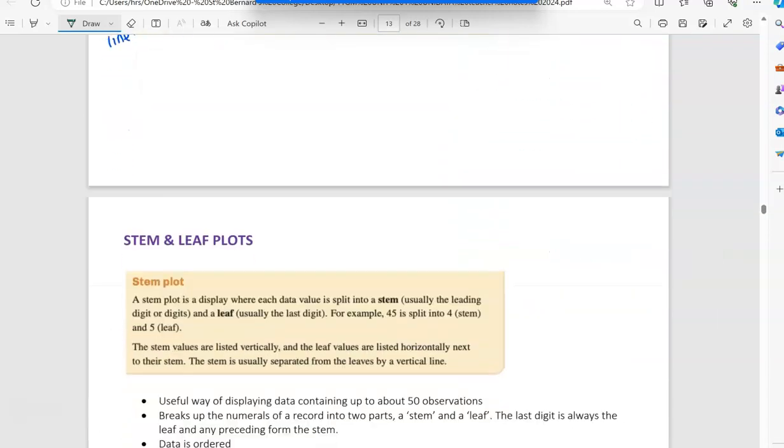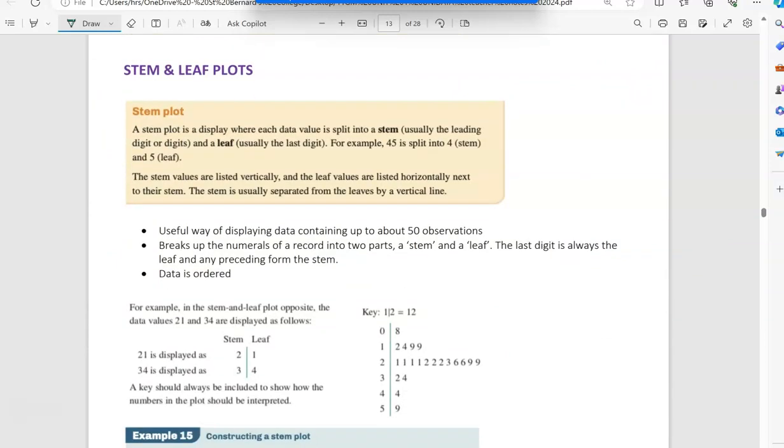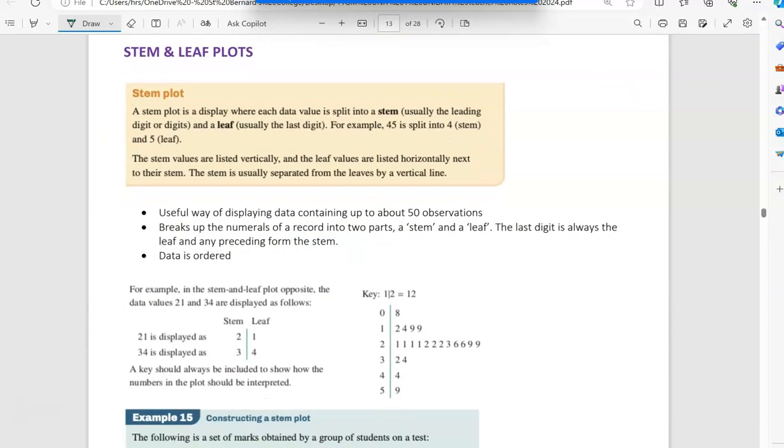So if we have a stem and leaf plot, this is another way of displaying data. A stem and leaf plot is generally split into a stem and then a leaf. So say, for example, if you have the number 15, the stem is the tens digit and the leaf is the units, like that.